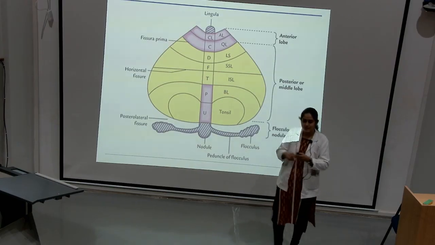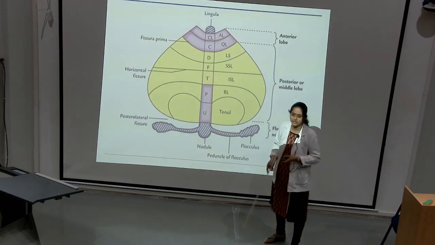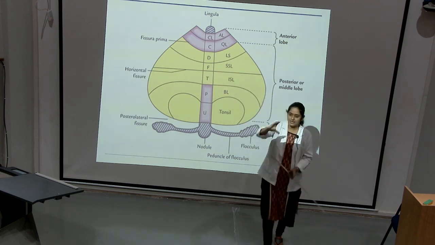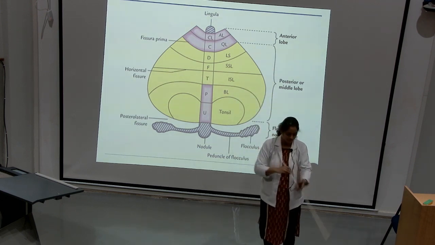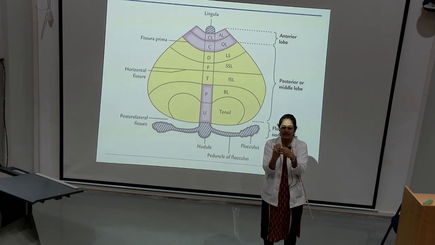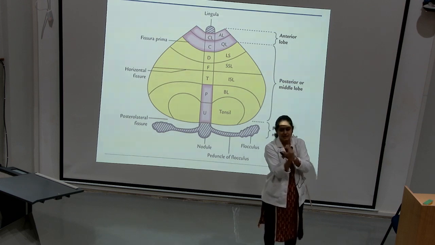So when you spread out the cerebellum and keep both the superior and inferior surfaces in continuity, it will be like this. This will be the horizontal fissure, dividing it into a superior surface and an inferior surface.